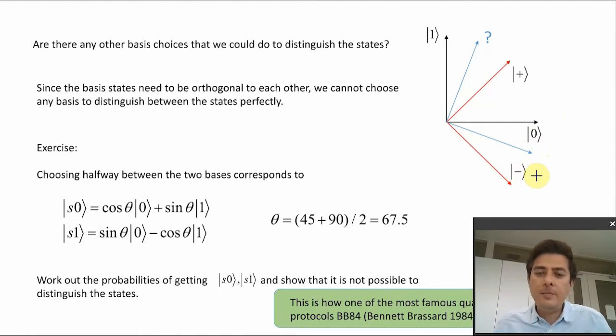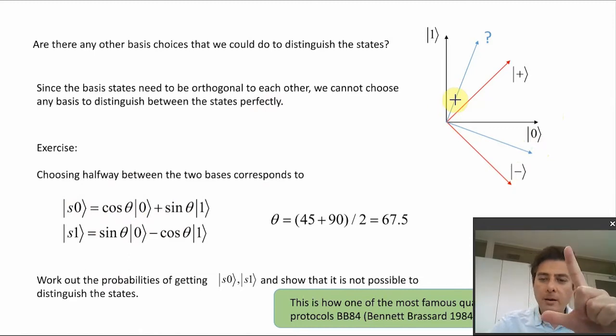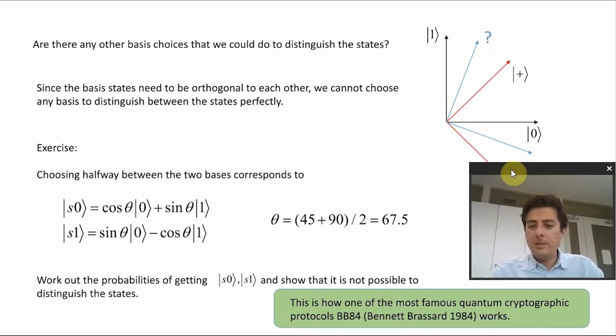And the answer is there's basically no basis that you could possibly choose that would distinguish between these states. You can show this by choosing an arbitrary pair of orthogonal states, and I leave it to you as an exercise, but if you choose this arbitrary basis, there's no angle that you could choose to make each of these measurements 100%.